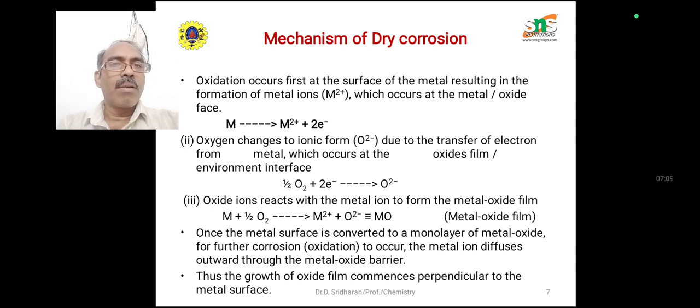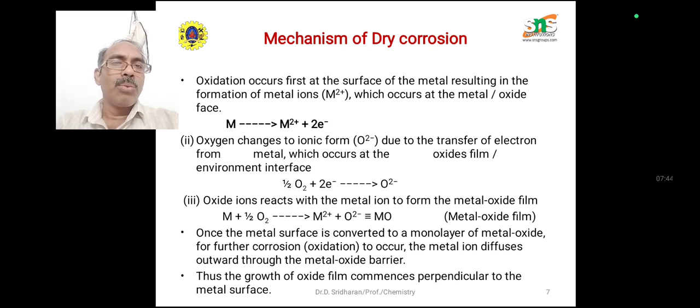Mechanism of dry corrosion. Oxidation occurs first at the surface of the metal, resulting in the formation of metal ions at the metal-oxide phase. So M gives M2+ plus 2e−. We can generally represent this as M gives Mn+ plus ne−, depending on the oxidation state, which varies the number of electrons released.